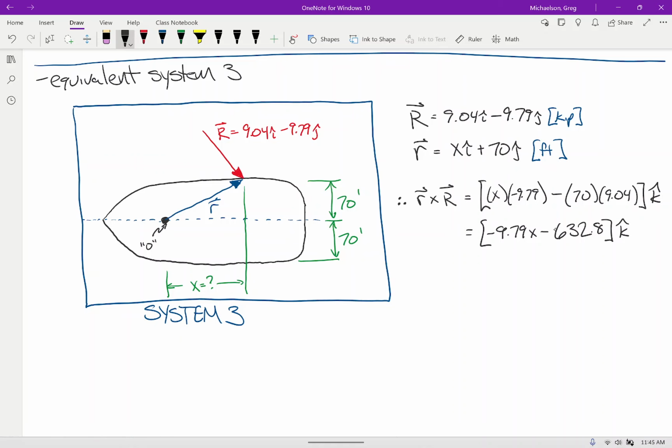Okay. What do I do with that, though? There you go, right? Because this, r cross R, must equal that, right?